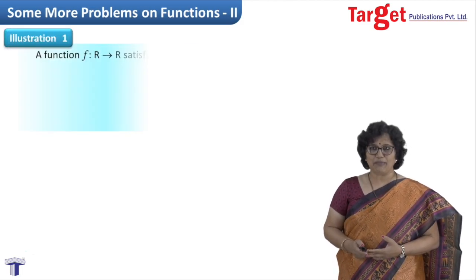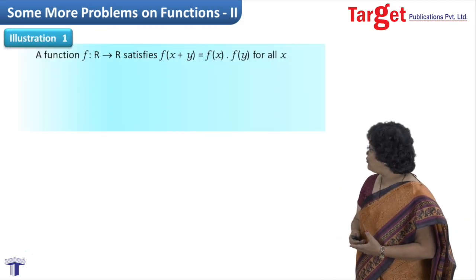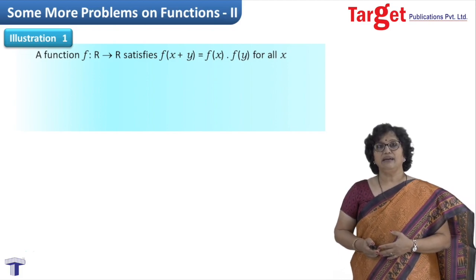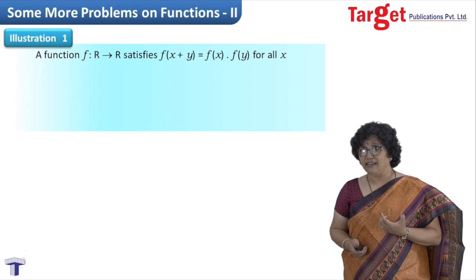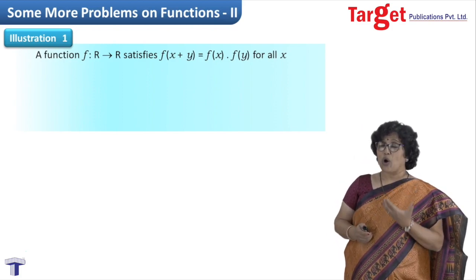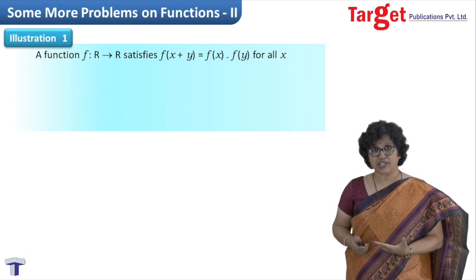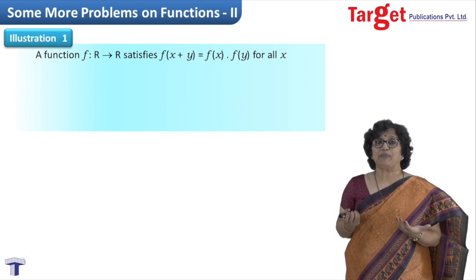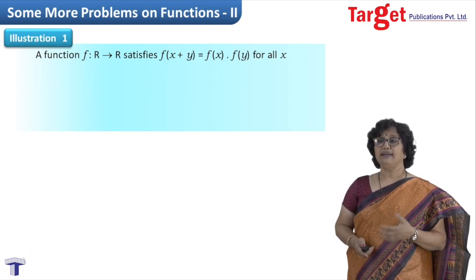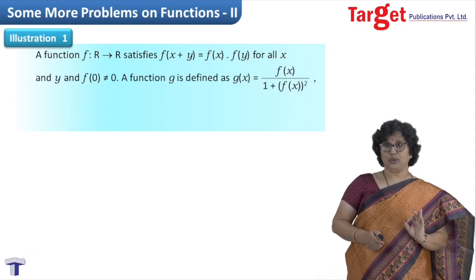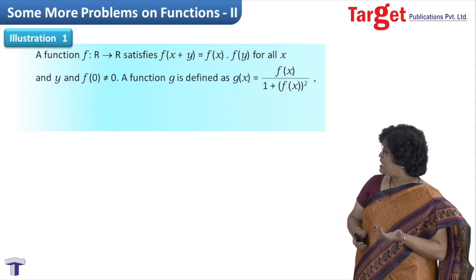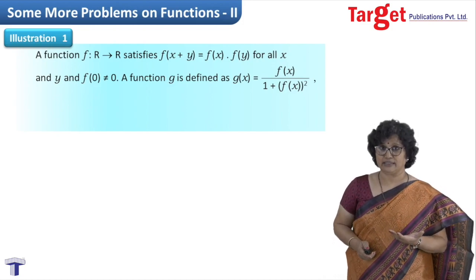Now my first problem is that a function f from R to R is defined, and surprisingly, for the first time we are seeing that it is given in the form of a functional equation. It has not been given explicitly what f(x) is. And we are also given that f(0) is not 0, and then g(x) is defined in terms of f(x).